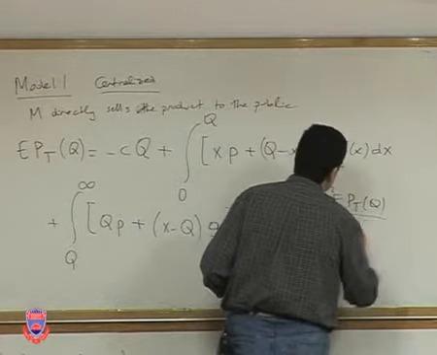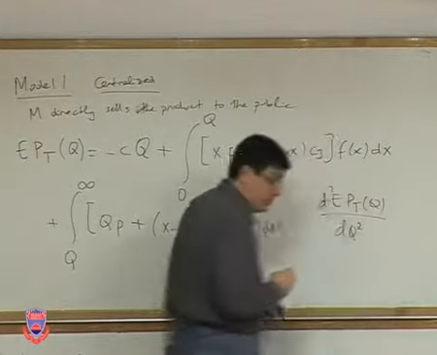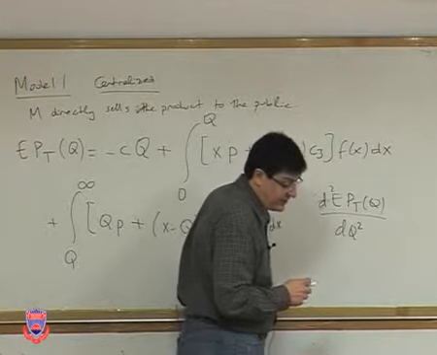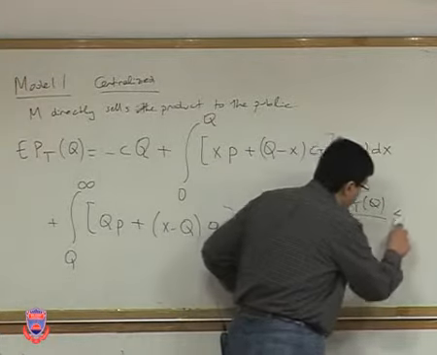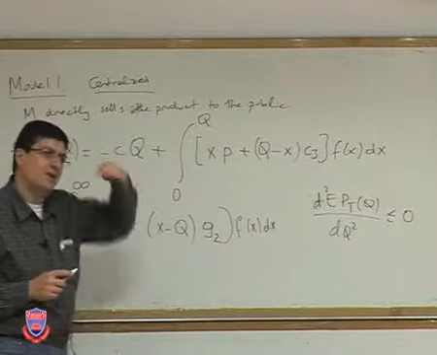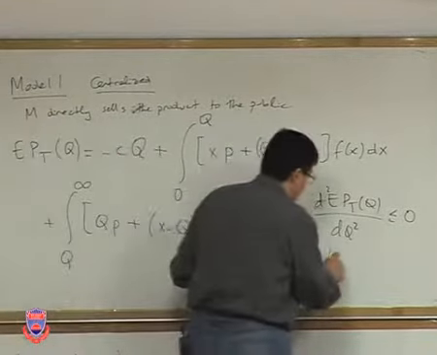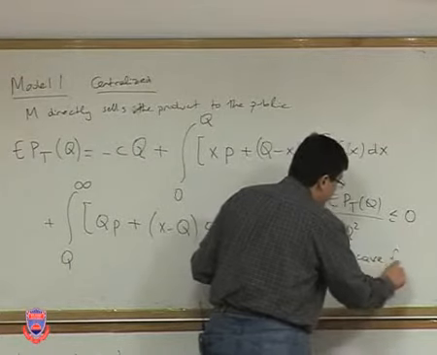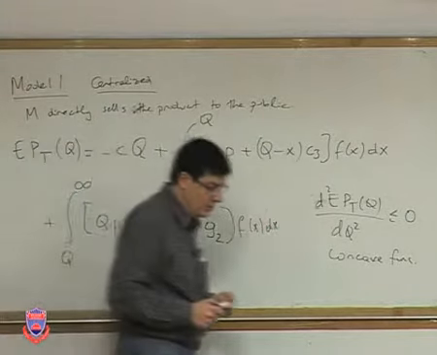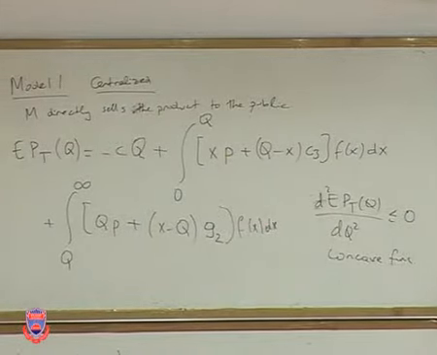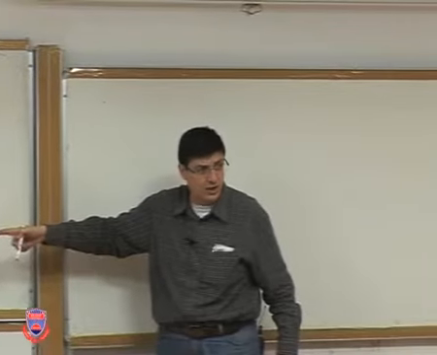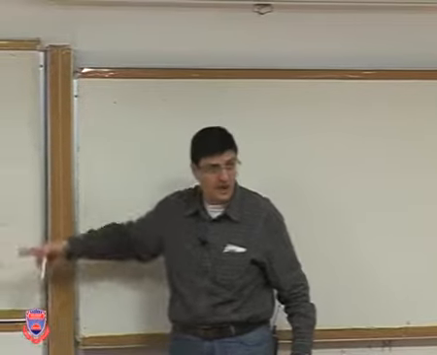If you take the second derivative with respect to Q and check whether this is positive or negative, you see that this is always going to be less than 0, which means that we're talking about a concave function. Concave function means that we can maximize this by selecting a certain Q. So how are we going to solve this problem? We take the first derivative with respect to Q, equate it to 0. We are familiar with this.